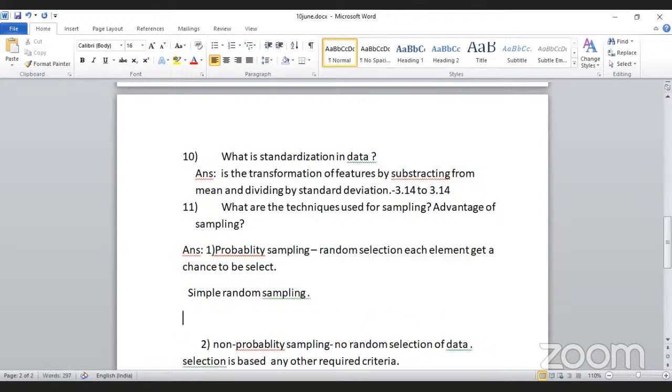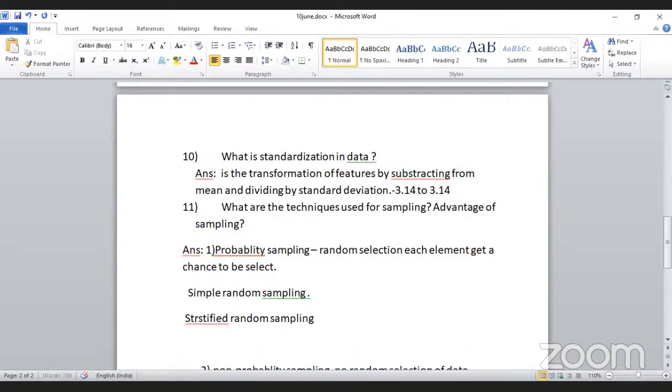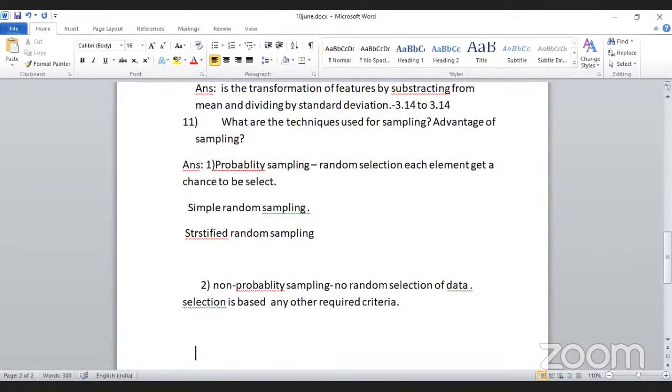Next is stratified random sampling. I'm just telling you the techniques which we can use within probability sampling, so don't get confused.